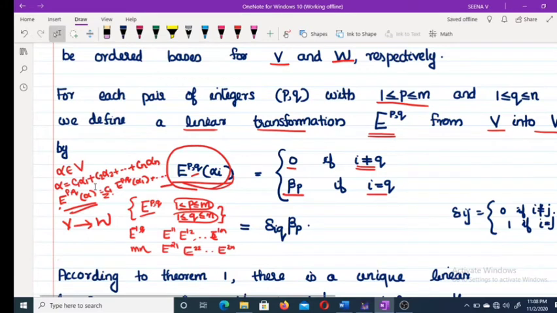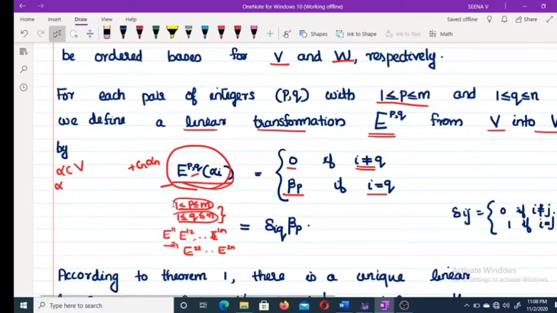Now, what is E^{p,q}? E^{p,q}(alpha i) is defined like this: 0 if i is not equal to q, beta p if i equals q. Now, if you look at delta ij, what is its value? It is 0 if i is not equal to j, and 1 if i equals j. Therefore, delta iq is 0 if i is not equal to q, and 1 if i equals q.